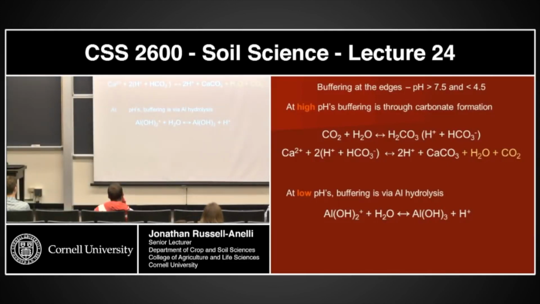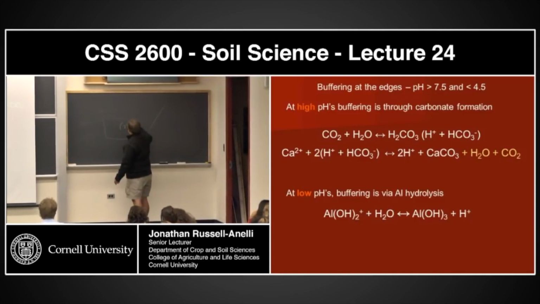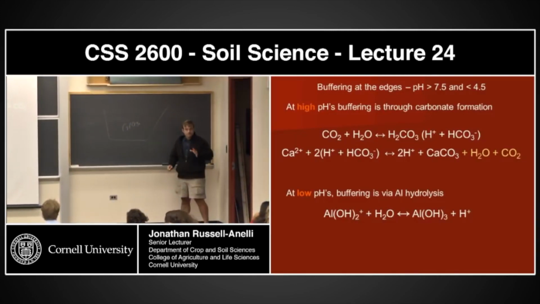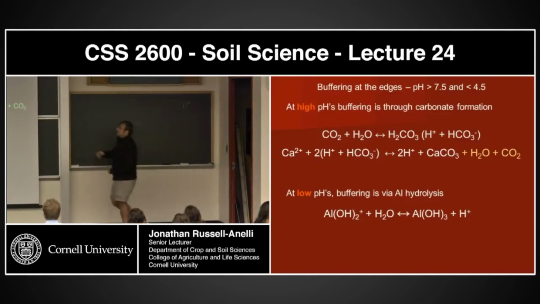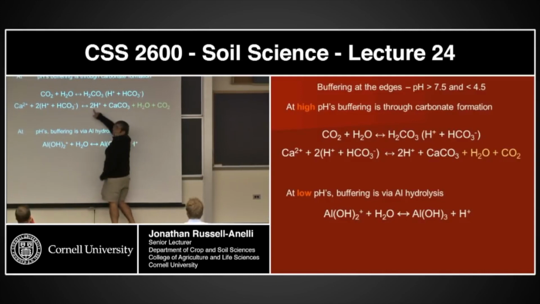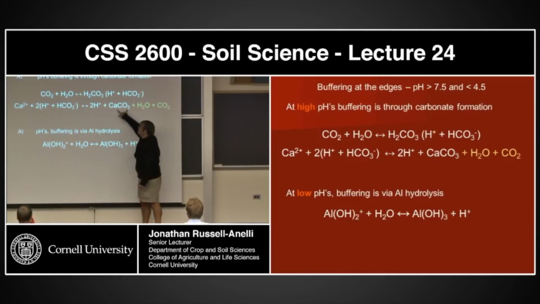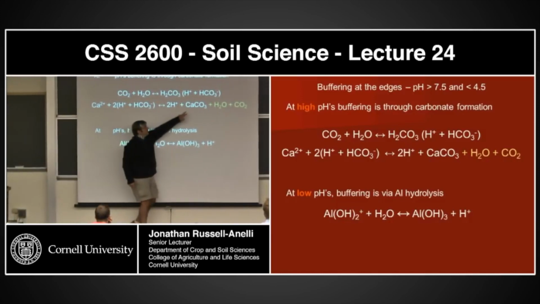Okay, so at high pHs, we have a soil. Here's my soil, all right? And in this soil is calcium carbonate. Right? Now, if I start to acidify this system, I'm going to be adding protons to it, right? What's going to happen? This reaction right here. Here's my calcium carbonate, and here's my acid. So for every 2 protons that I add into my calcium carbonate enriched environment, those 2 protons are basically going to knock the calcium off.